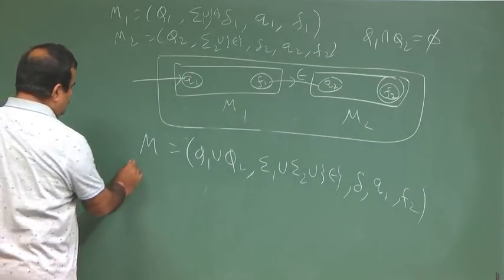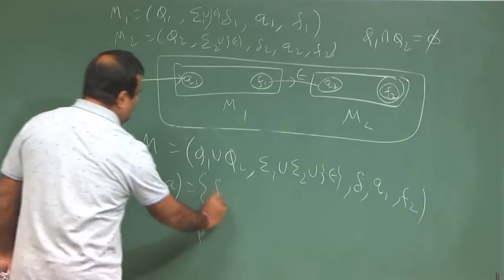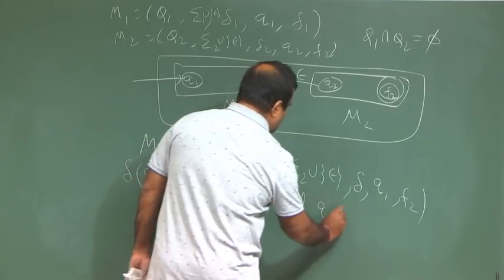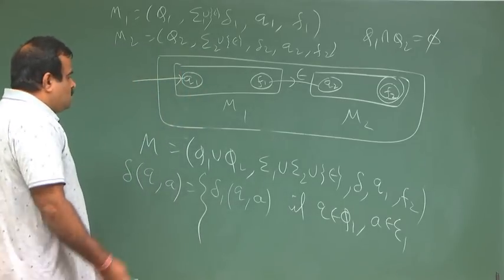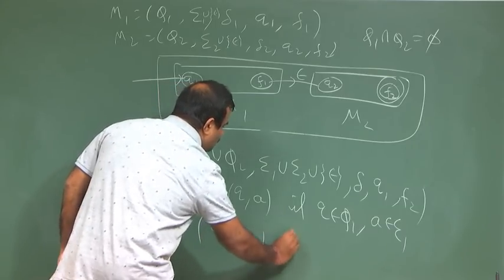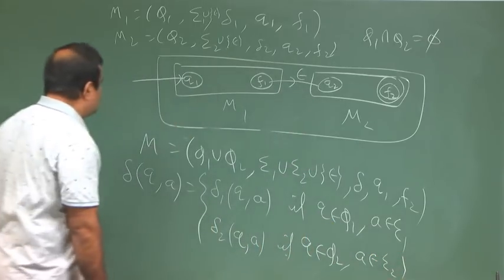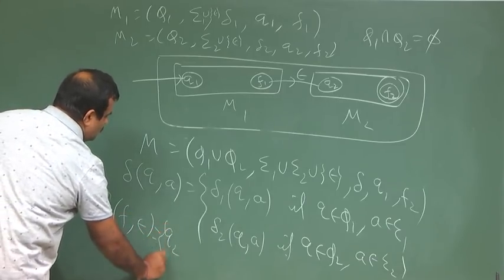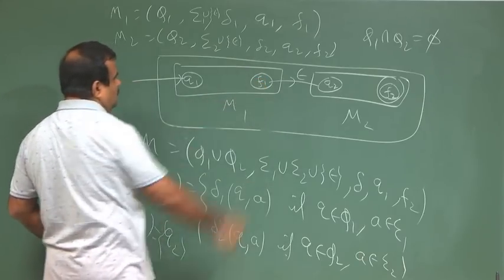Delta of q comma a is nothing but delta 1 of q comma a if q is in Q1 and a is in sigma 1, including epsilon, and otherwise it is delta 2 of q comma a if q is in Q2 and a is in sigma 2, and we have an epsilon move over here, delta of f1 comma epsilon is q2, because there is no other move from these states.